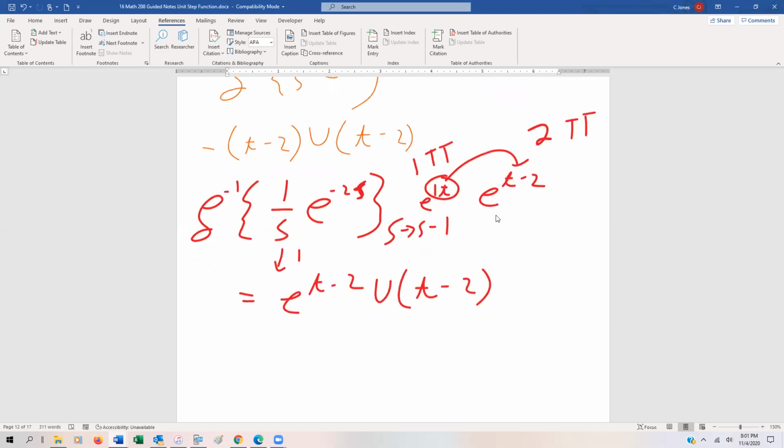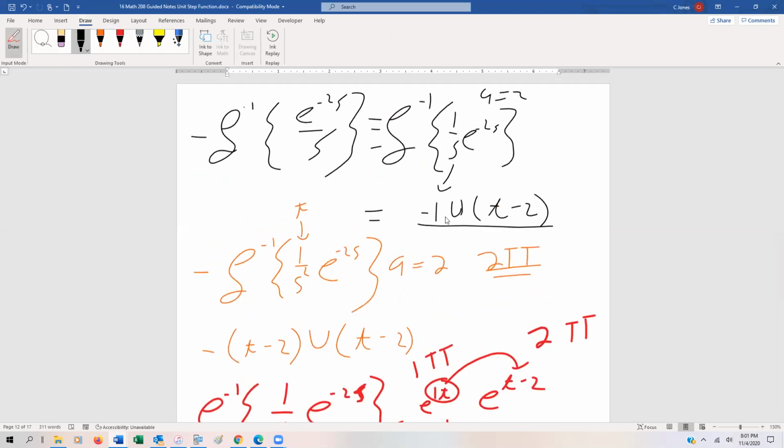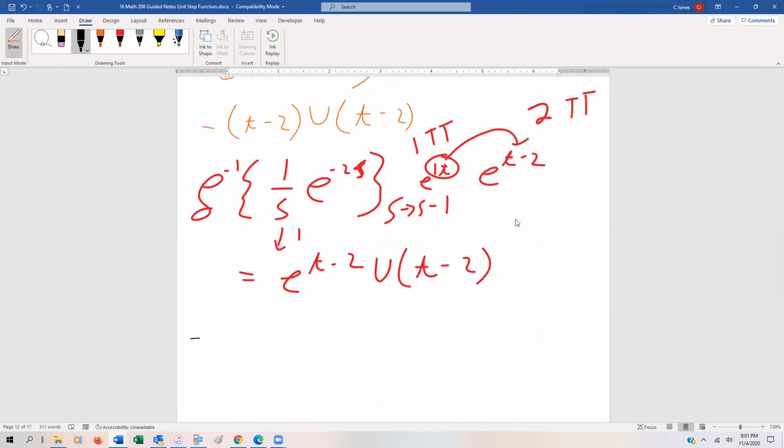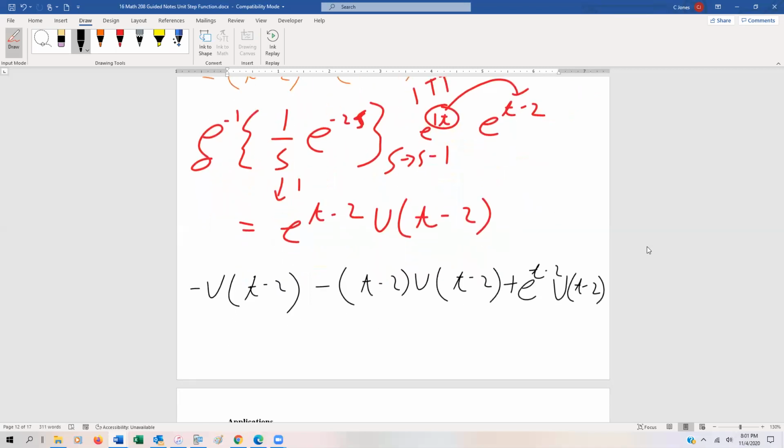One way that we could write this is we have our first, which is the opposite of u t minus 2. And then we have minus the quantity of t minus 2, u t minus 2. And then finally we have plus the e to the t minus 2 unit t minus 2. All right, so that's one way to write it.